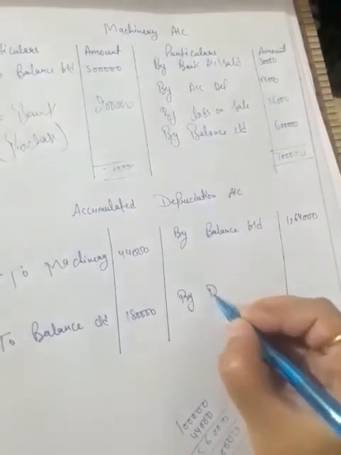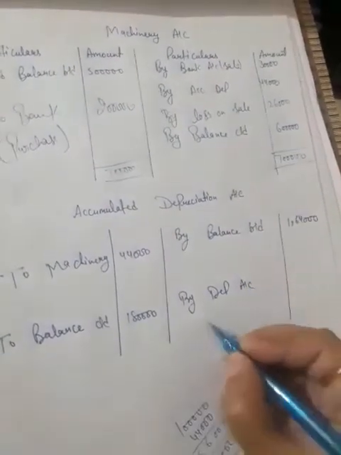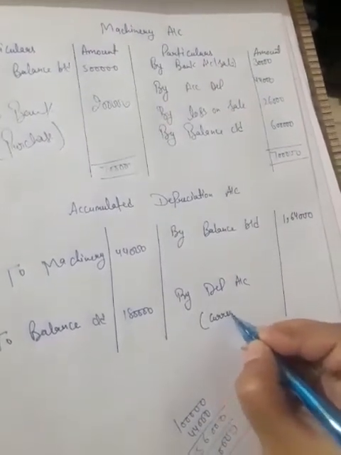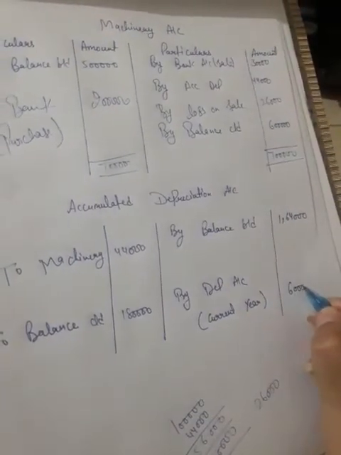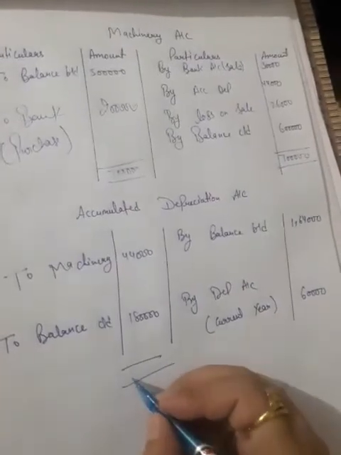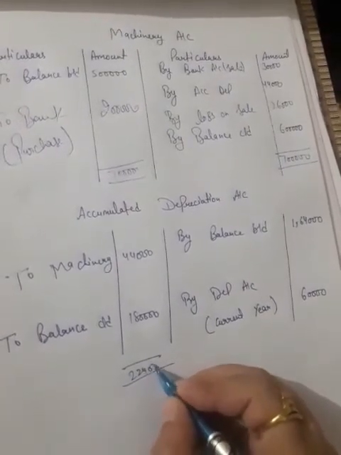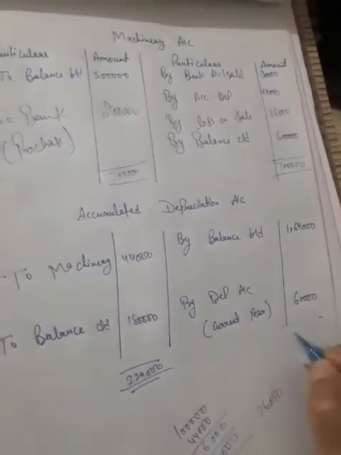So the balancing figure is depreciation, that is regarding the current year. So current year depreciation is 60,000. So with the help of this account we will prepare our cash flow statement.